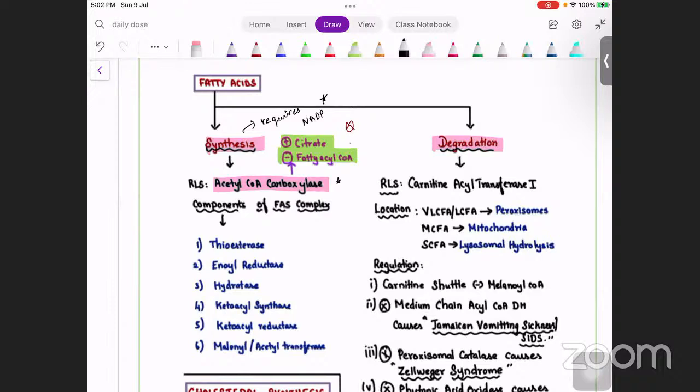One time in FMGE, they asked what the components of the FAS complex are: all of the following are components of the FAS complex, except.